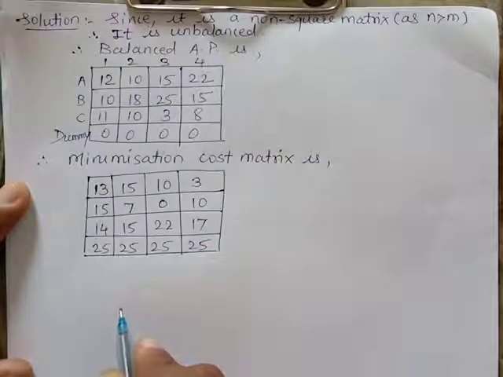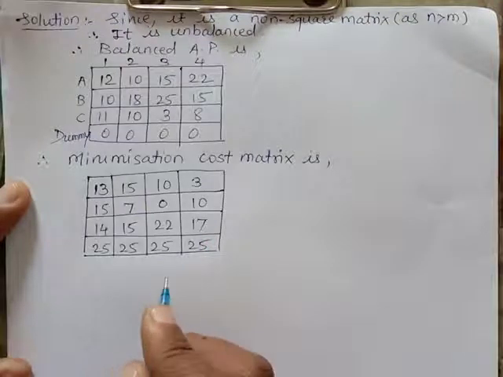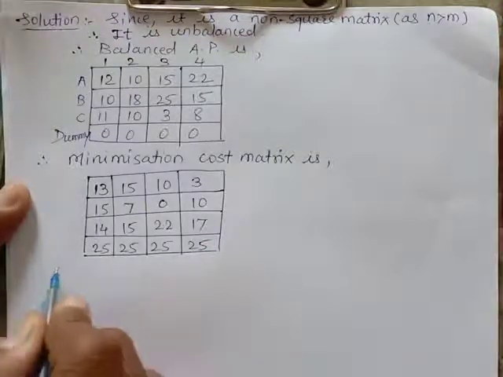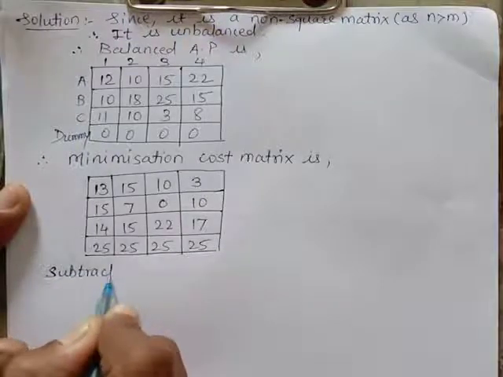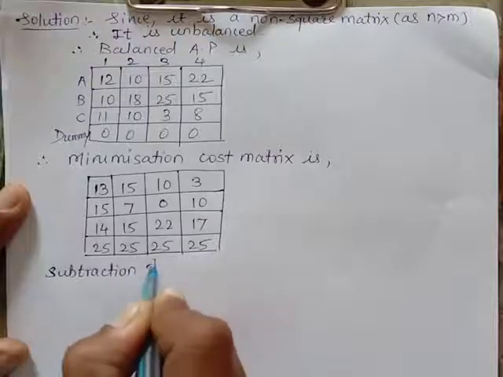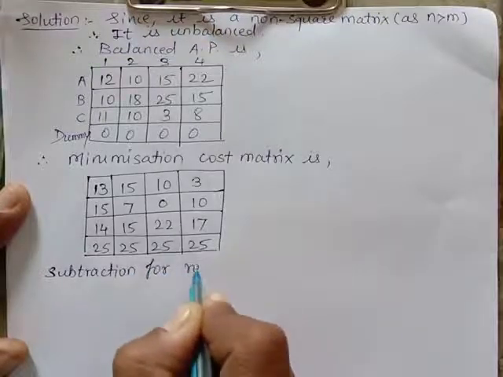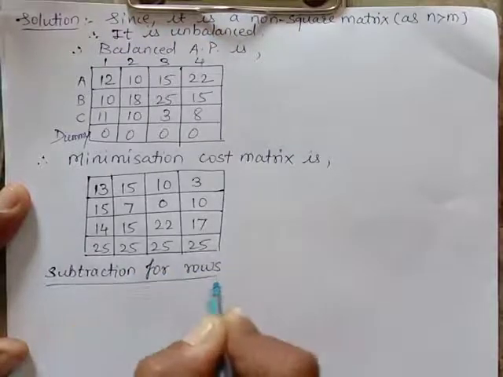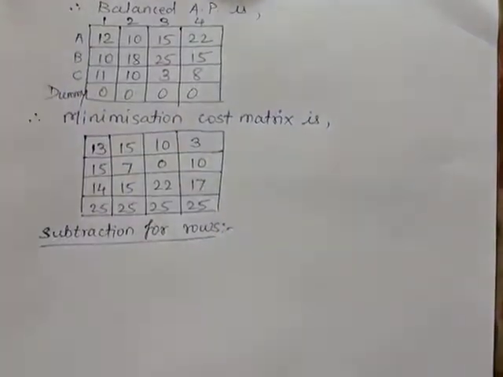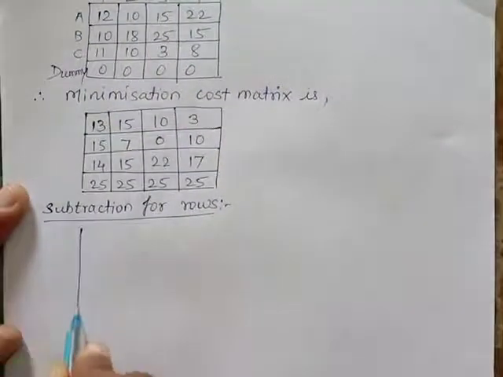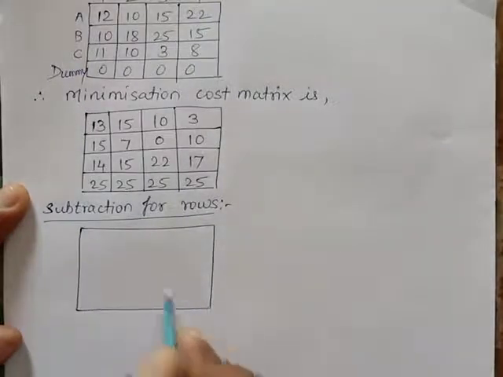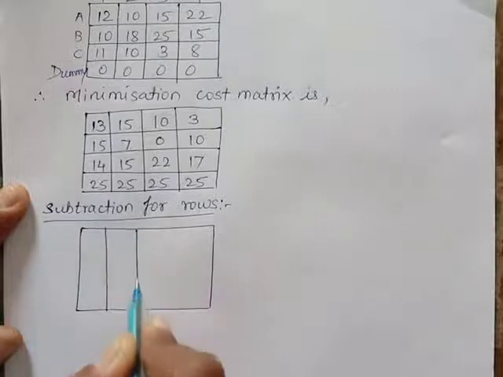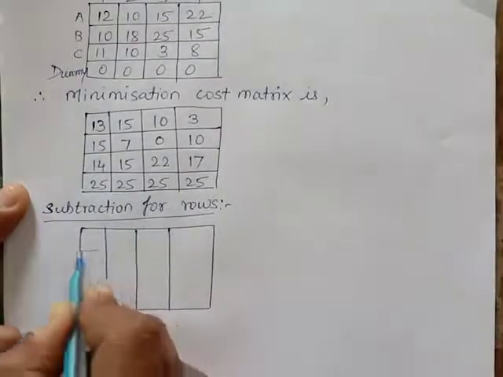Now let's do subtraction for rows. The minimum of each row we will subtract from every entry. The minimum in the first row is 3, so 3 gets subtracted from every entry.